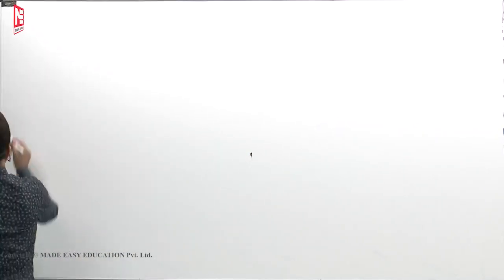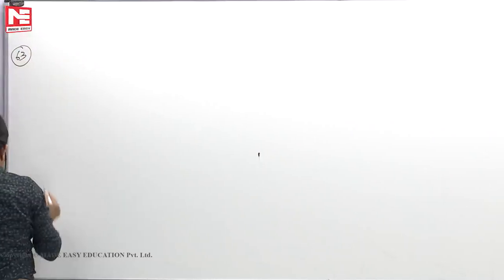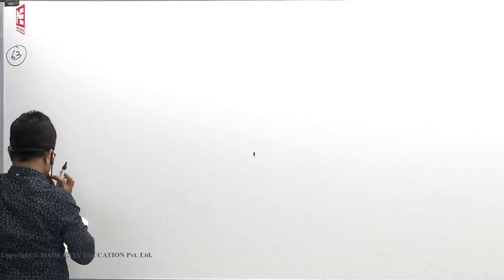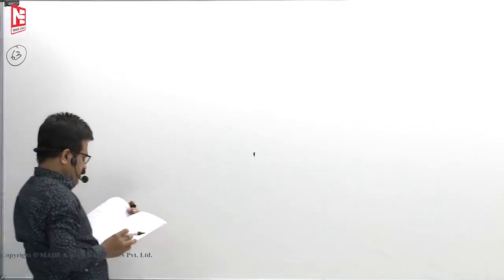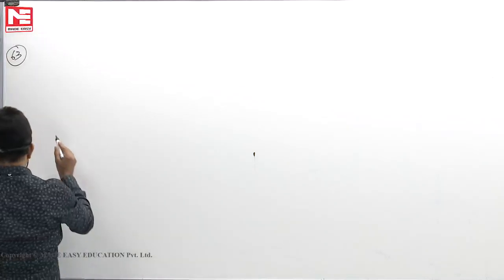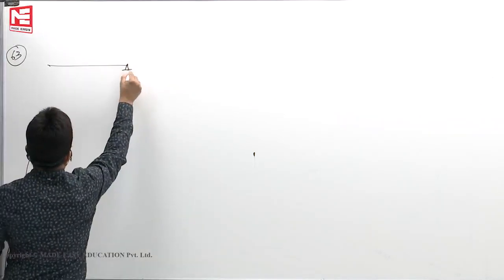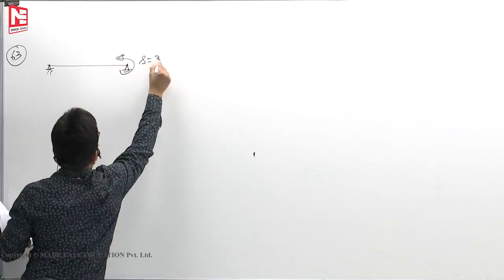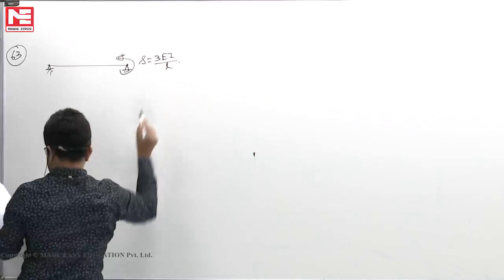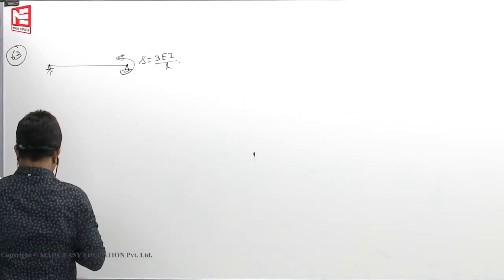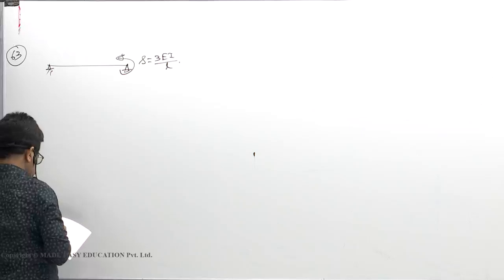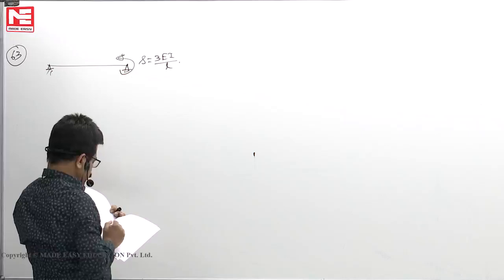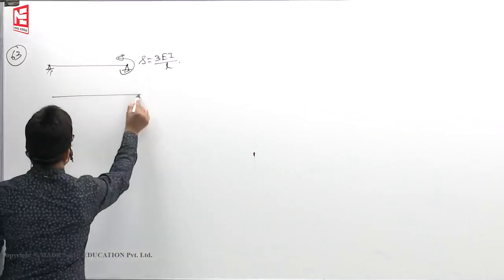Next, 63rd. The ratio S by T. S is the stiffness of the beam, constant EI, at the near end when the far end is hinged; this value says S is equal to 3EI by L. T is the stiffness of the same beam at the near end when the far end is fixed.